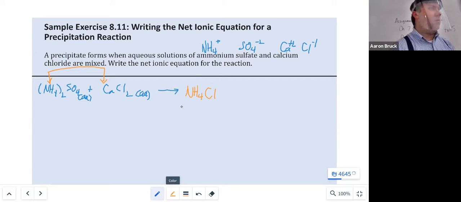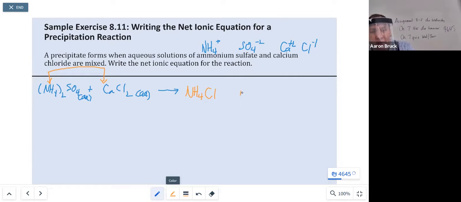That means that we're already balanced. NH4Cl is going to be the product. The secondary product here, I've got calcium, Ca2+, interacting with sulfates, SO4 2-. Again, charges match, so it's a 1-to-1, CaSO4.